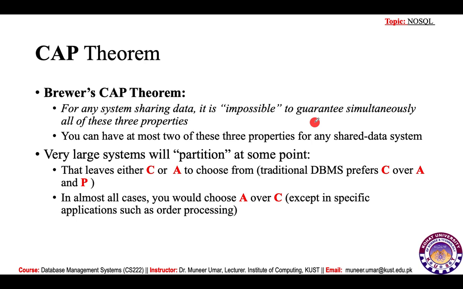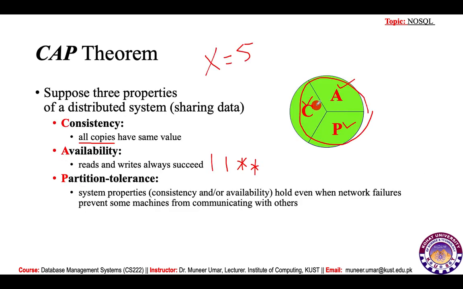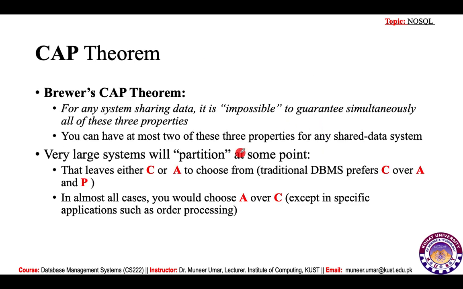You can have at most two of these properties for any shared data system. Actually, we must put priorities on these three properties, and the main focus would be to fulfill at least two among these three. Very large systems will partition at some point.